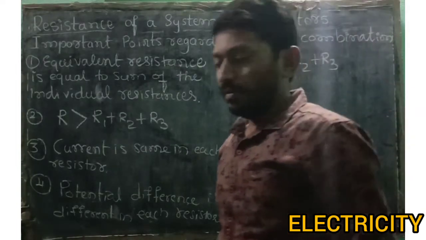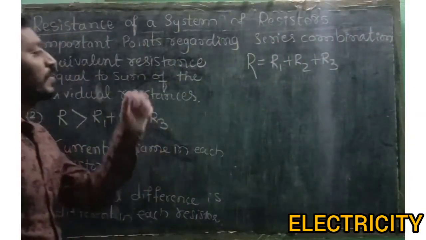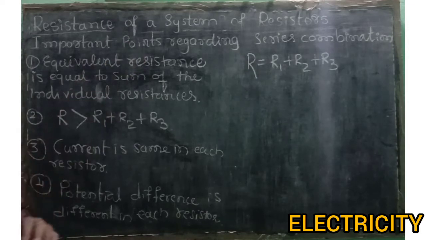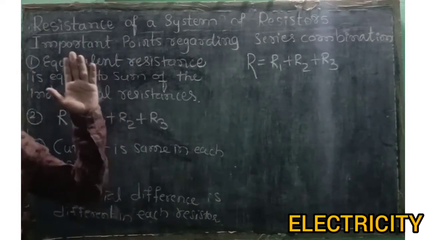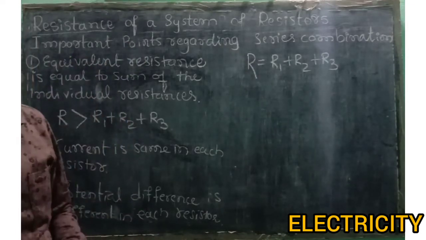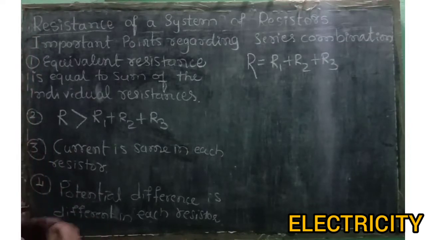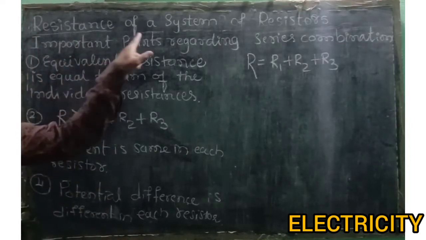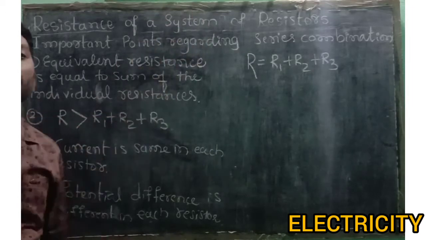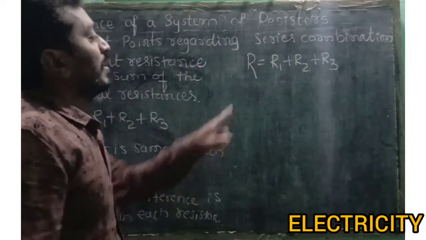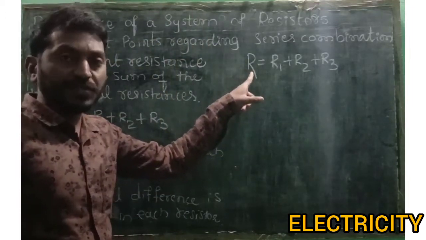Dear students, now some more important points regarding resistors in series combination. What are those? First one, the equivalent resistance is equal to the sum of the resistances of the individual resistors, right?